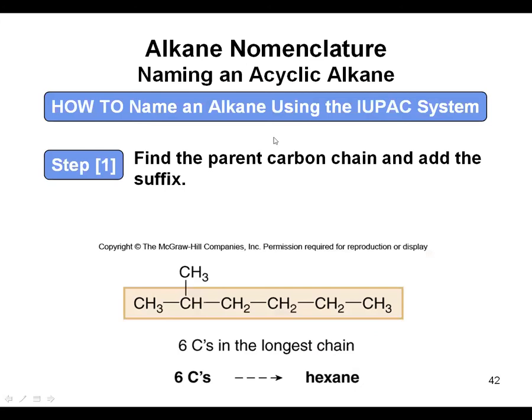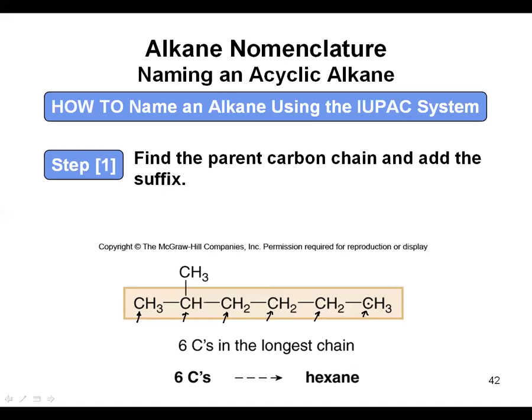It could go up, it could go down. The only thing is you cannot go backwards. Whichever way you start, right to left or left to right, you've got to keep going until you hit a dead end. So when we look at this guy here, we have 1, 2, 3, 4, 5, and 6 carbons.